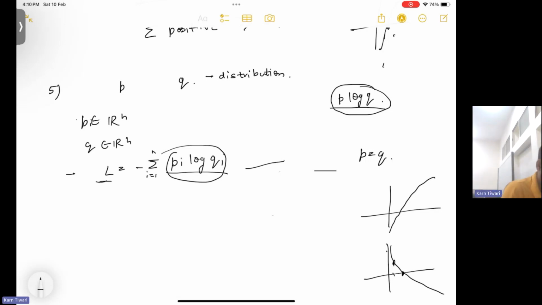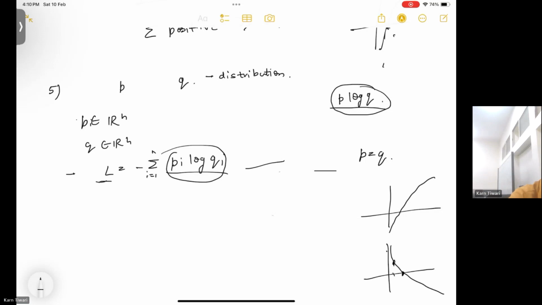Basically, we want to minimize it term by term. With two terms Pi and Qi, I want to minimize the expression. What's the minimum value it can take?